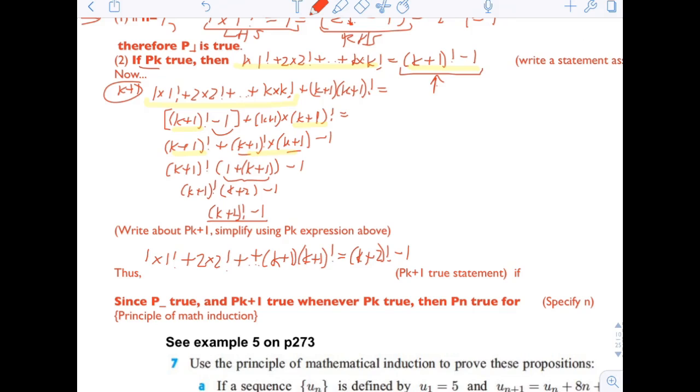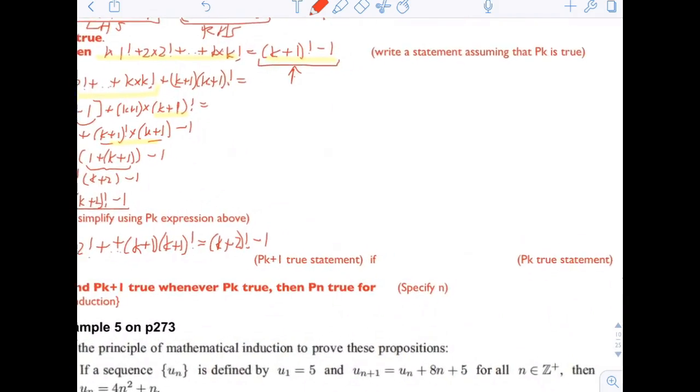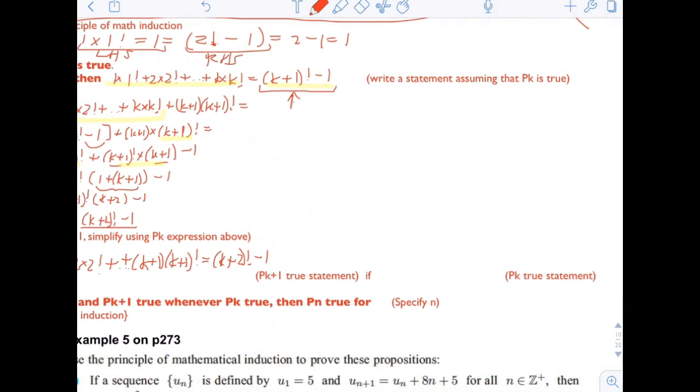And we know that's true if the thing we assumed is true. So we're going to put here that 1 times 1 factorial plus 2 times 2 factorial plus ... plus k times k factorial is equal to k plus 1 factorial minus 1.